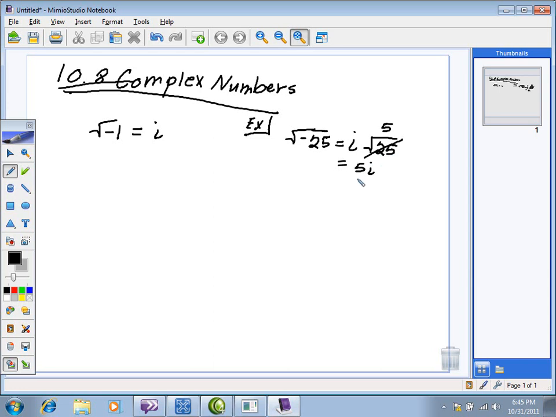So 5i is considered a complex number. A complex number in general can be written with the regular number plus some other number attached to i. Really can be plus or minus. So for example, a moment ago, you guys saw something like negative 5 plus 9i.